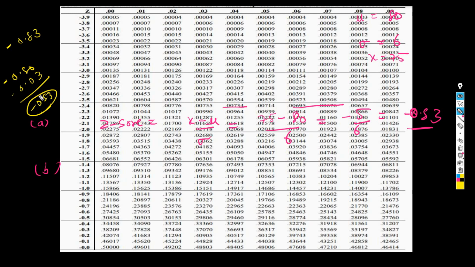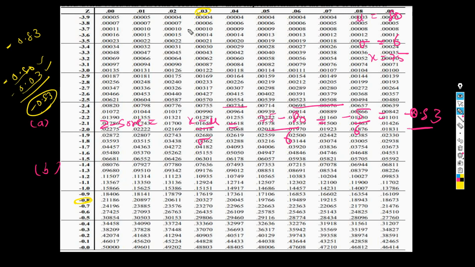I will find this value with the help of both these values. First, where is minus 0.80? Here we have minus 0.80, right? Now where is 0.03? Here it is.